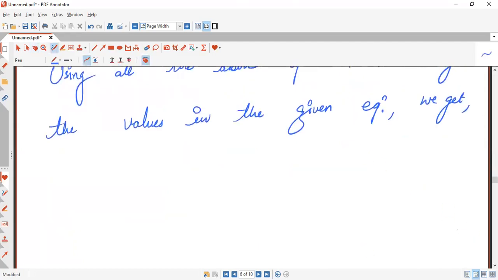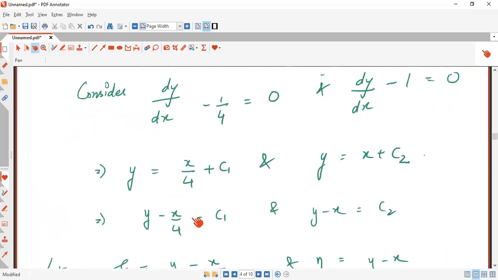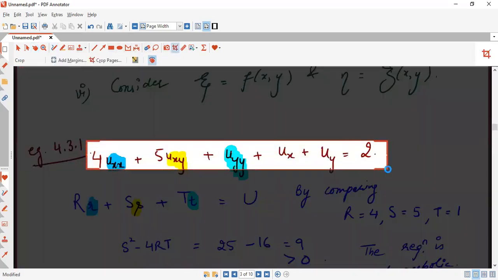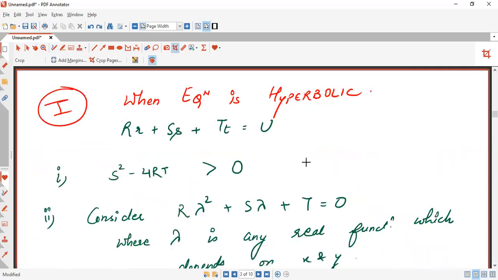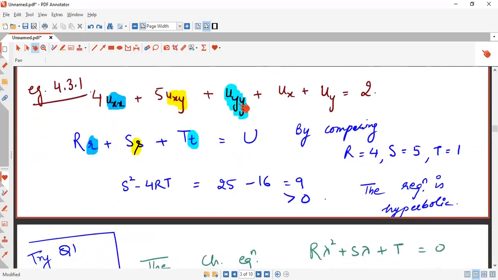Okay, now from here, what is the equation? If you see, 4 times uxx, with uxy, let me write the equation, plus 5uxy plus uyy plus ux plus uy.